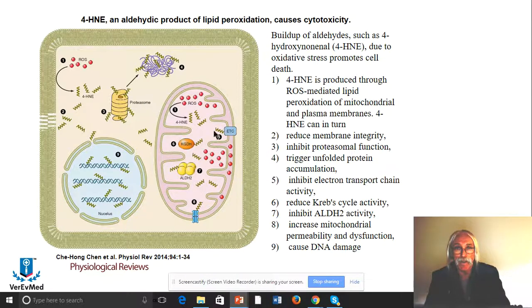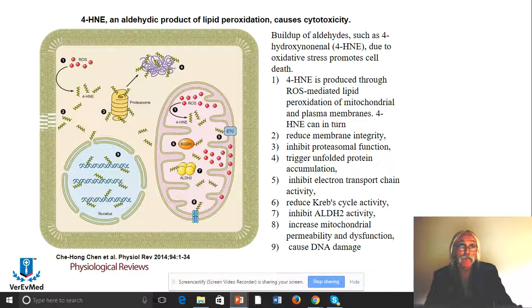So this diagram is trying to show you what's written here. You can look at the diagram. This is supposed to be the nucleus and the mitochondria, and there's the proteasome. So what does it do when you build this aldehyde up and you don't have the aldehyde dehydrogenase? You're limiting it. You have a mutation in it, for example, or you have a decreased amount of expression of it.